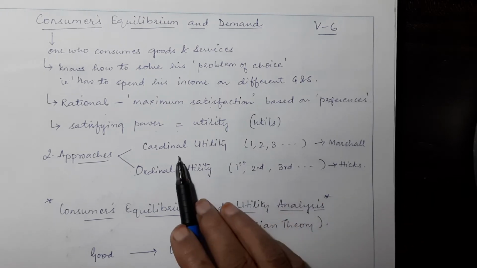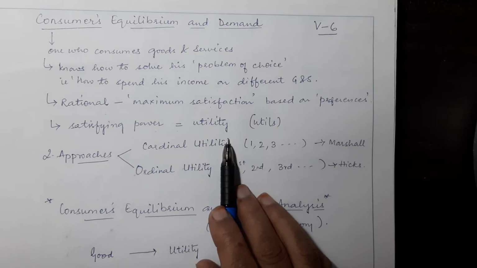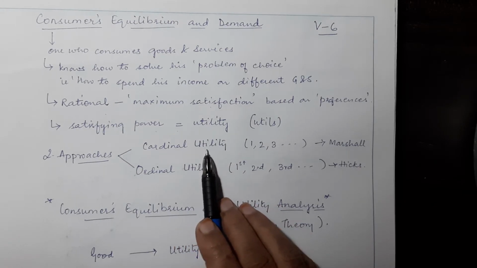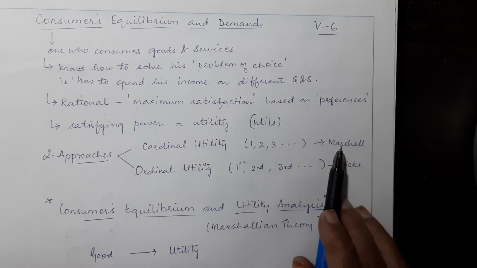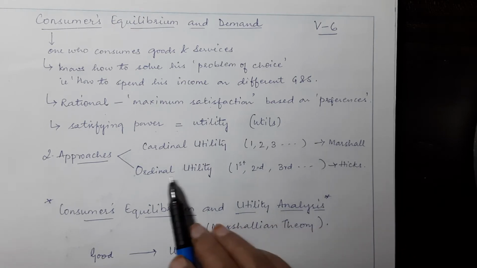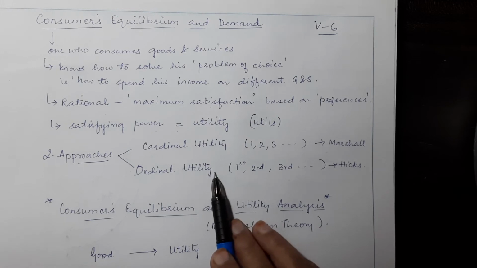So measurement of utility by this cardinal approach is called the Marshallian utility approach, because this was given by Marshall, and Hicks gave the ordinal utility approach.